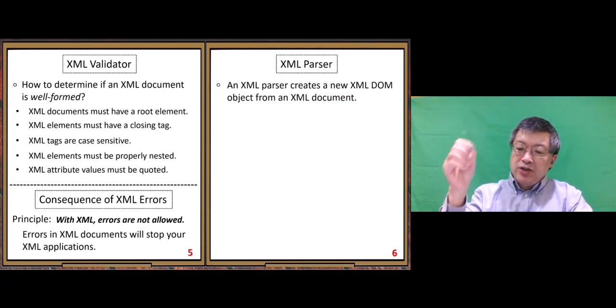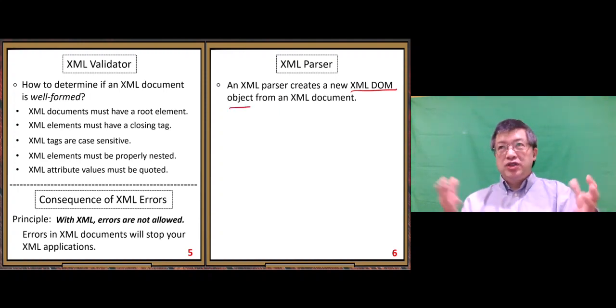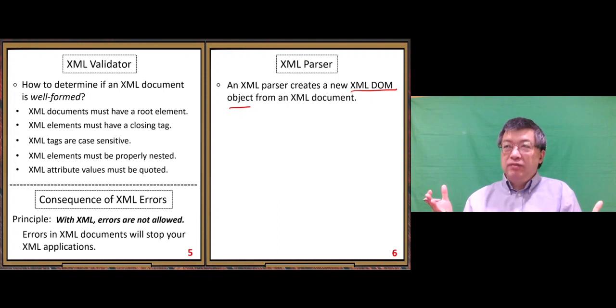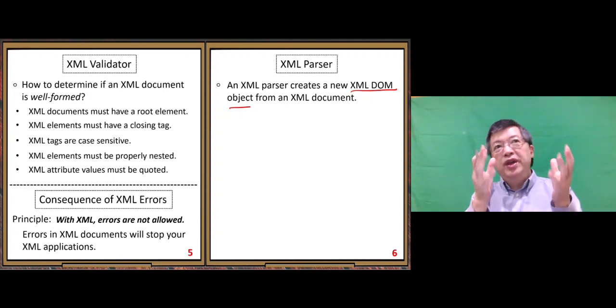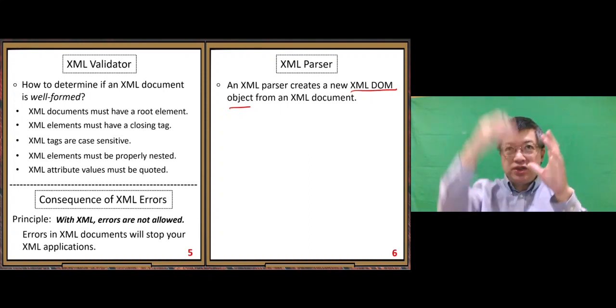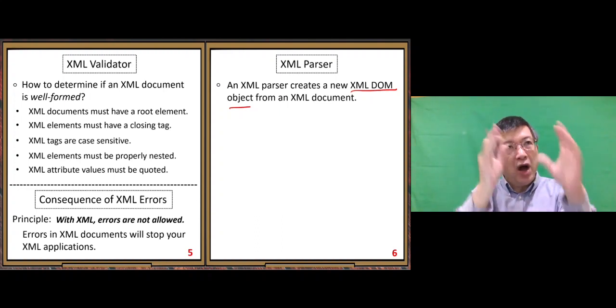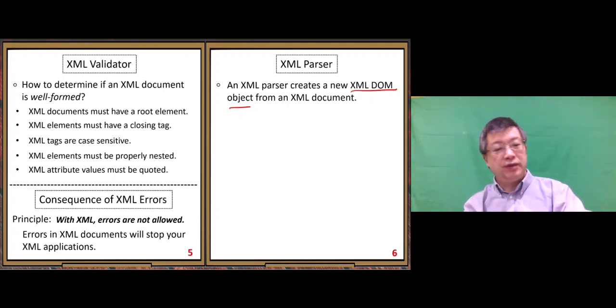The parser creates an XML DOM object. After the parsing operation, we get a DOM object, so we can access any element in this DOM object.